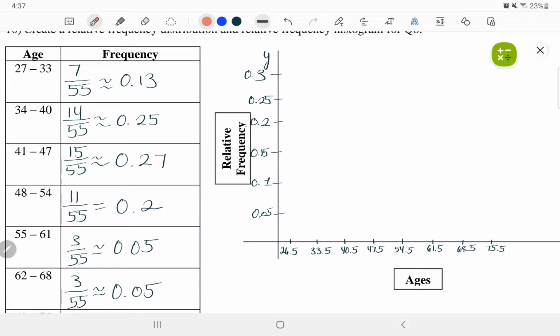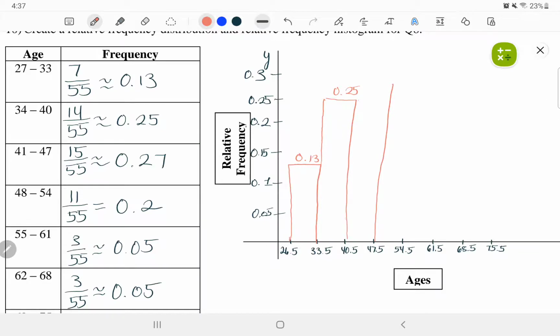Now let's construct our histogram. 0.13. I'm just going to approximate in this case. It won't be perfect. Next one is 0.25. Then 0.27.